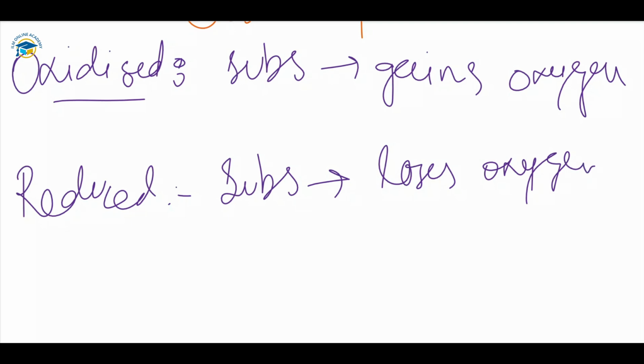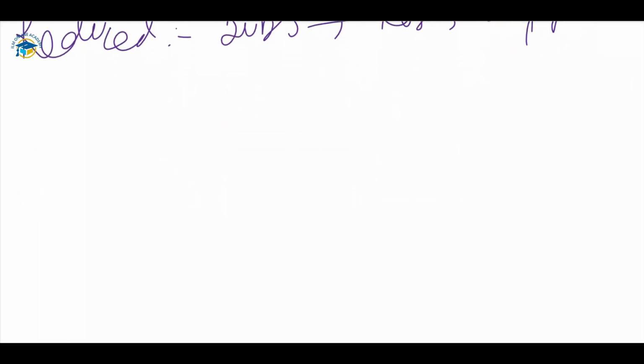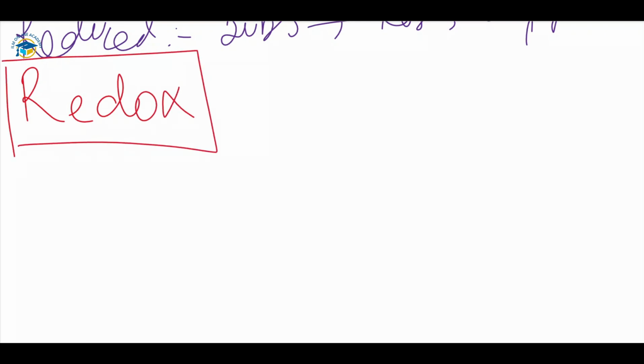The two processes, oxidation and reduction reactions, take place together during the same chemical reaction. This is true for a whole range of similar reactions, so we call them redox reactions. Redox. So we have a word which is known as redox reactions.